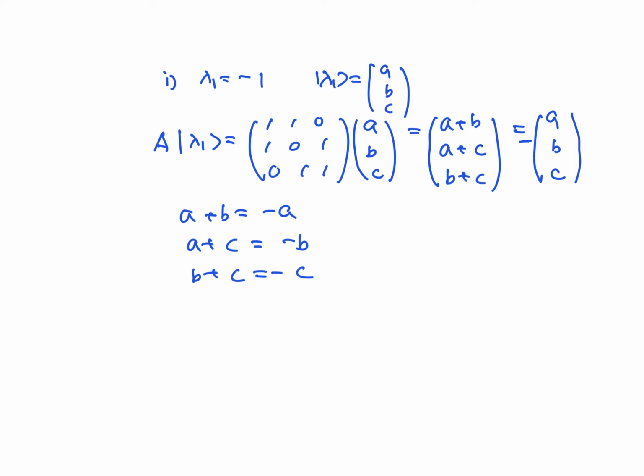Okay. So 2A plus B is equal to 0. A plus B plus C is equal to 0. B plus 2C is equal to 0, right? So B is minus 2A. B is minus 2C, right?